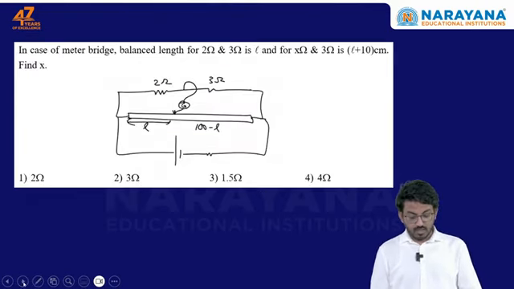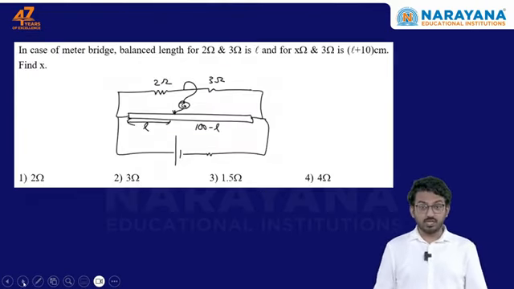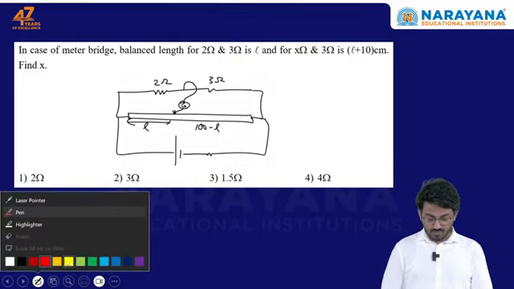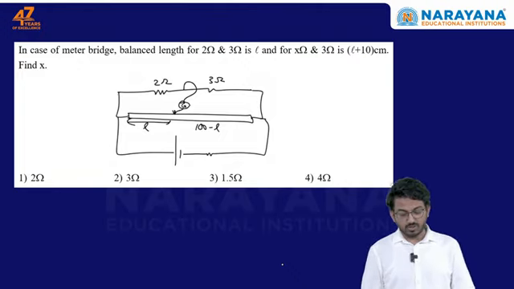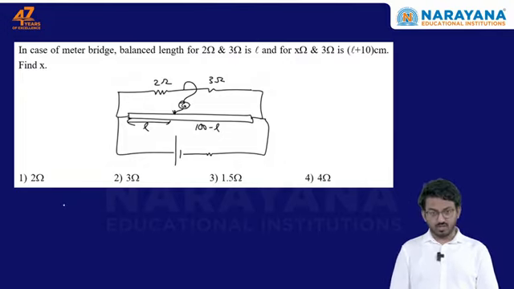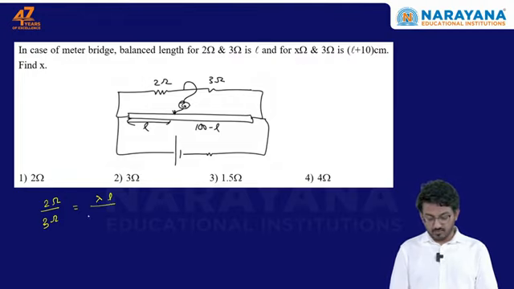Moving on. Again, we are getting a question on meter bridge, which we have gotten in every shift. So here they are saying that we have 2 and 3 as the resistors here, and then L is the balance length. So we know that this meter bridge works on the principle of Wheatstone bridge. So the ratio of resistance 2 and 3 is going to be equal to lambda L, where lambda is resistance per unit length, divided by lambda times (100 minus L).